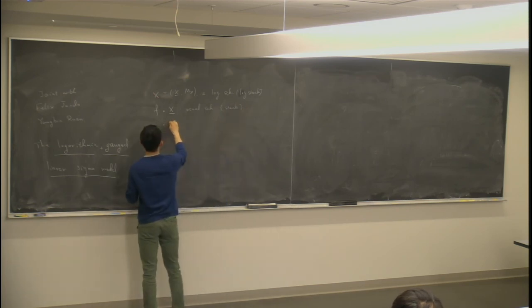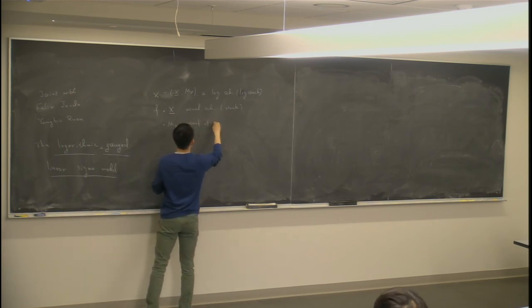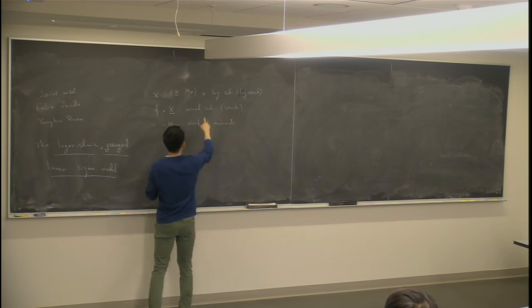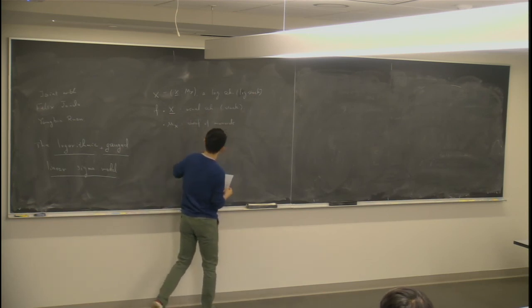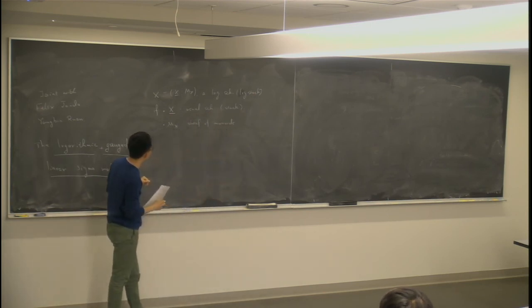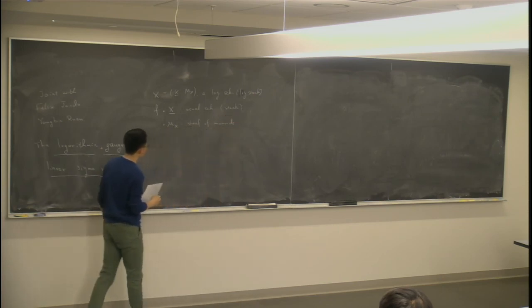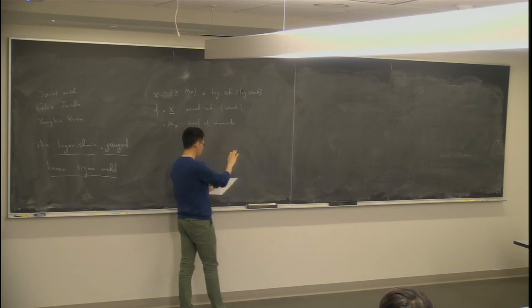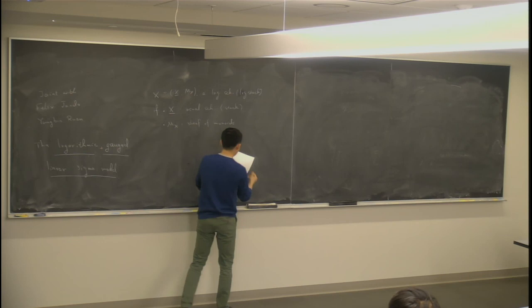And second, this one is a sheaf of monoids. If you work with schemes or Deligne-Mumford stacks, you can use étale topology or analytic topology. But if you use Artin stacks, you use smooth or flat topology. So this will be a sheaf of monoids in the appropriate topology.